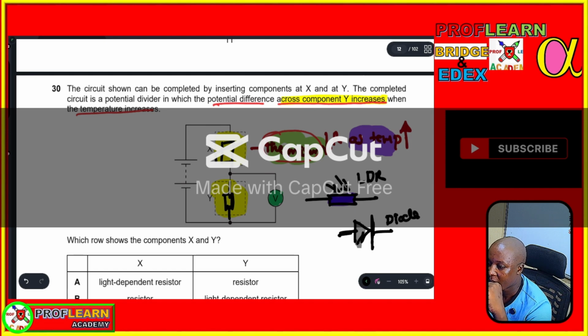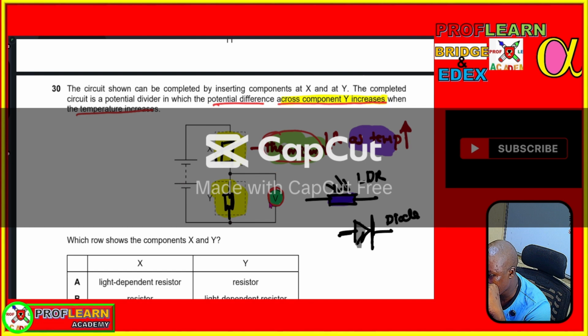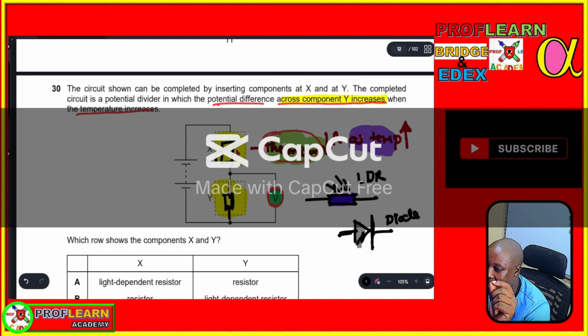If the PD here increases when the temperature increases, it means a thermistor is placed here. When temperature increases, its resistance decreases. If resistance decreases in this section, we have less potential drop here, and there will be a larger PD here.